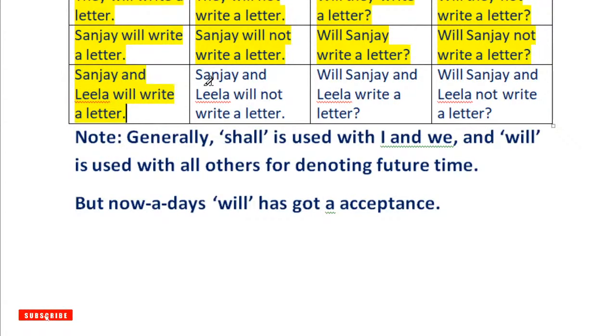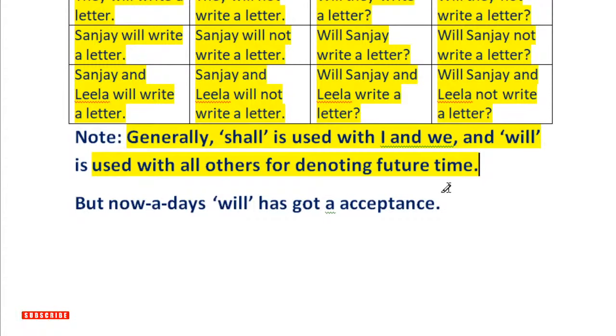Generally, shall is used with I and we, and will is used with all others for denoting future time. This is the general rule. Shall is used with I and we, and will is used with you, he, she, it, and all others.